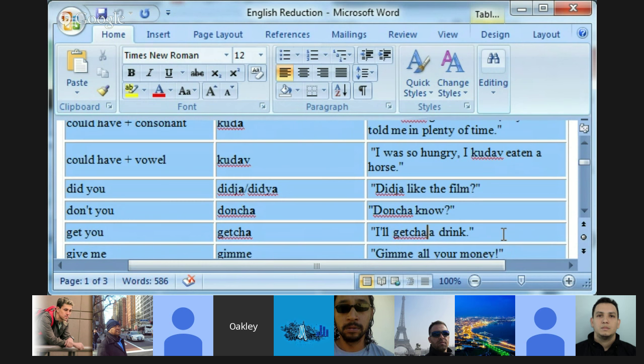I'll get you a drink. Because in English, we do not ever pronounce two vowel sounds in a row. We just never do it. If there are two vowels and we have no choice, we throw in what's called a glide, a Y or a W sound, in order to connect the two sounds.